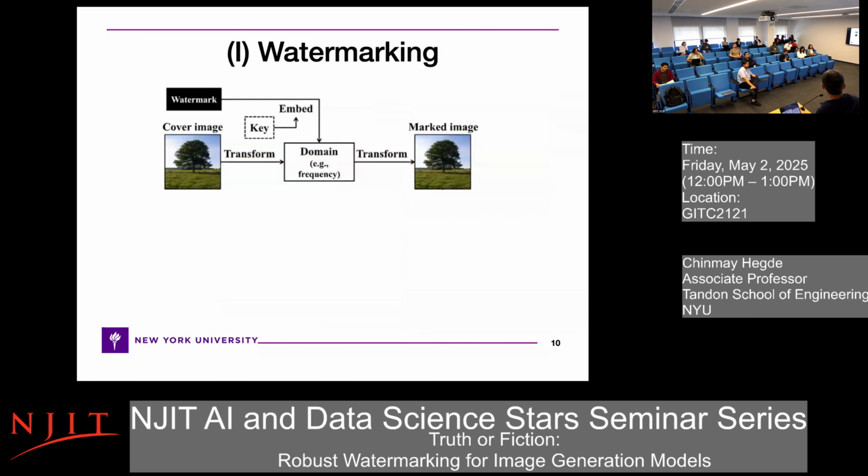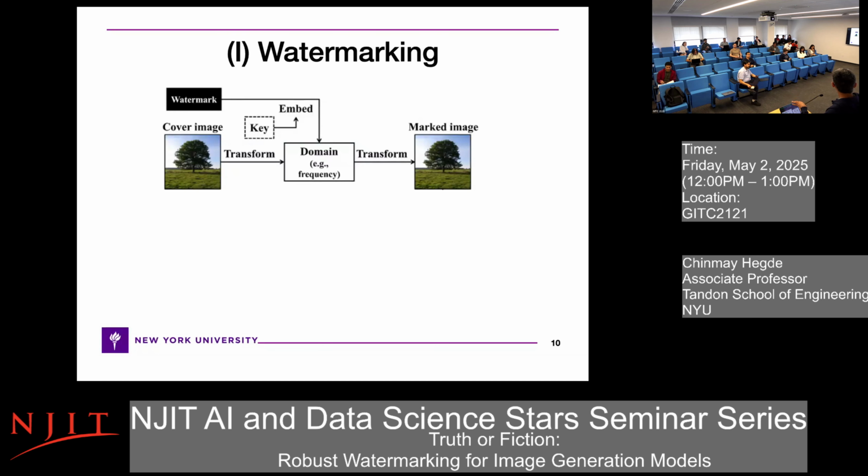So in the context of images, image watermarking, roughly this is the workflow that all classical methods pursue. So you have an image. And what we want to do is to watermark this image. Typically, you can either just work with the pixels directly, but what is often done is transform the image into some other domain, like the Fourier domain, the frequency domain, and then embed a watermark in the frequency domain.